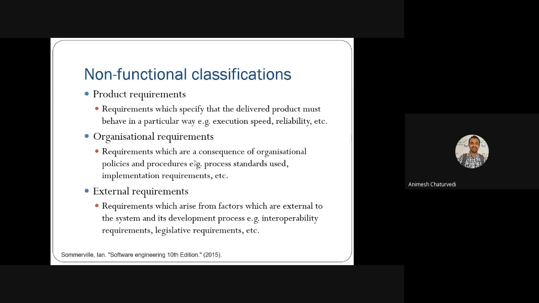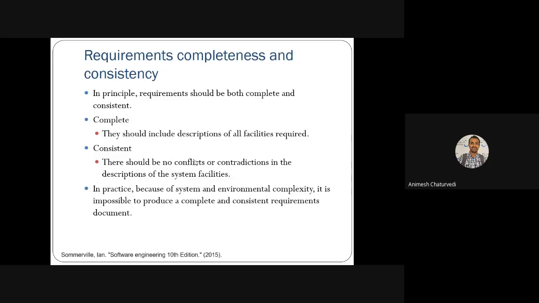Then external requirement: there are various factors which arise due to the system and its development process. These are like interoperability issues for the requirements, then legal issues, interfacing problems and interfacing environmental issues. So all these things have to be mentioned in the non-functional requirement classes.